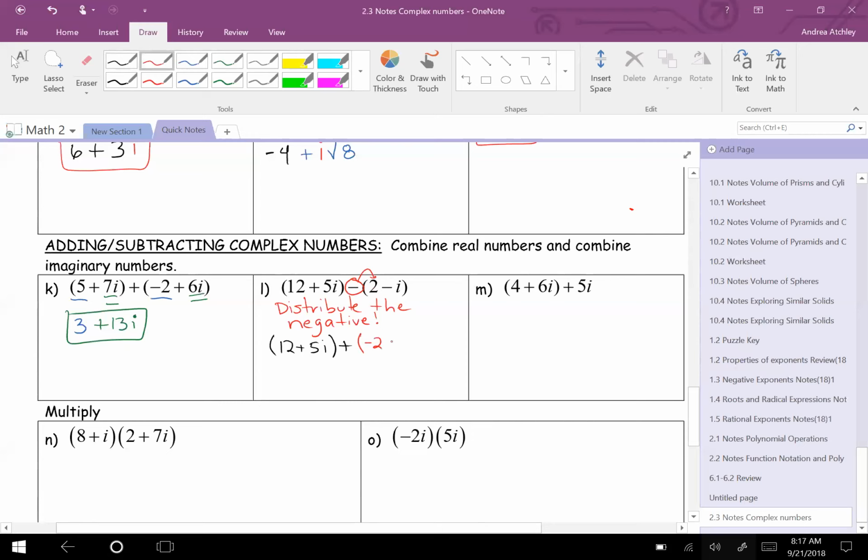A negative times a negative makes that positive i. Then we're going to combine our like terms. 12 and negative 2, they are opposite signs, so once again, I'm going to subtract and get 10. 5i and 1i, they are the same sign, so I'm going to add. This is like a 1 in front of it. So 5 and 1 is 6i's. Any questions over that?